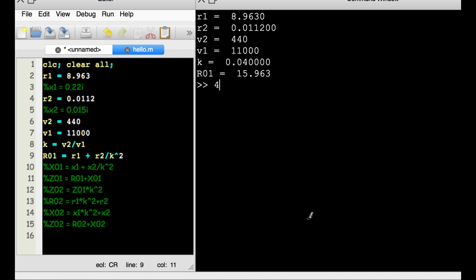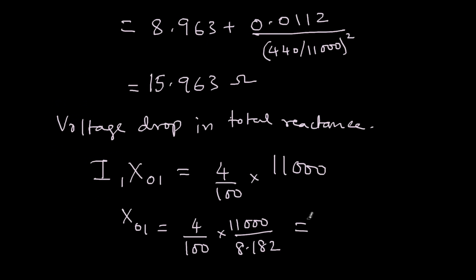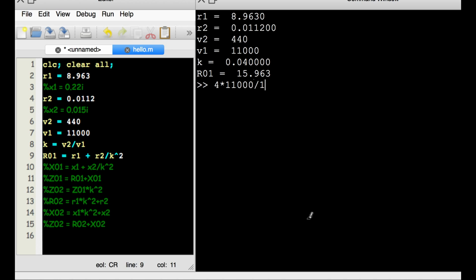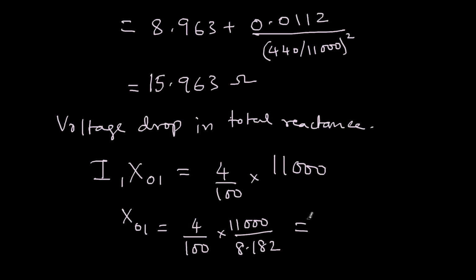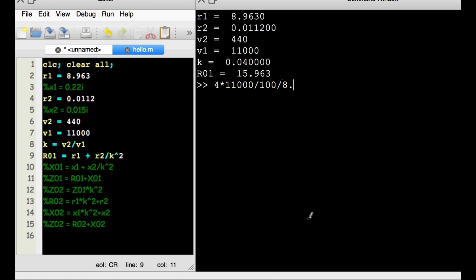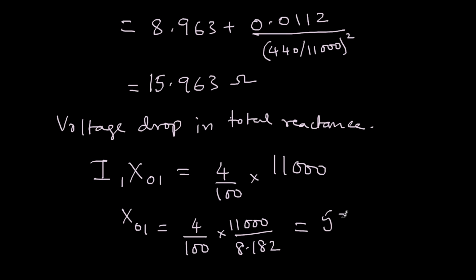Let's do that. 4 into 11,000 divided by 100, again divided by 8.182. 53.77. So this is X01. Since it is X01, I'll just insert a j here. All right. So how do we calculate X1 and X2?